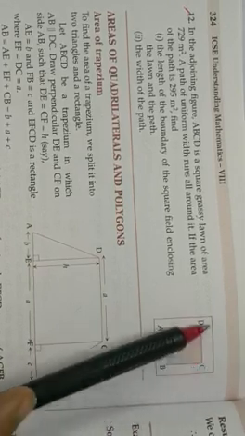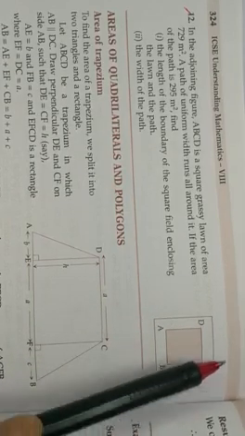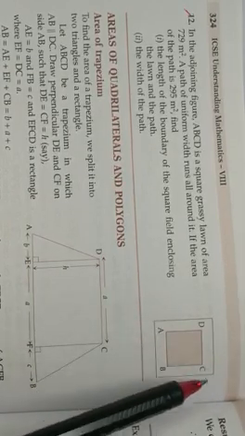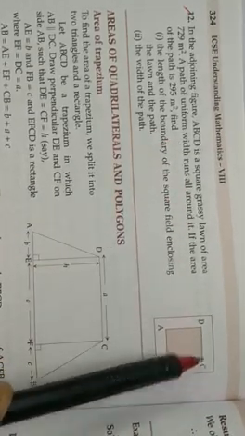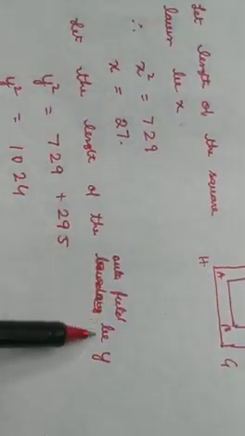If we add them, we should get the area of this big square, isn't it? The outer one is also a square because the path is of uniform width.